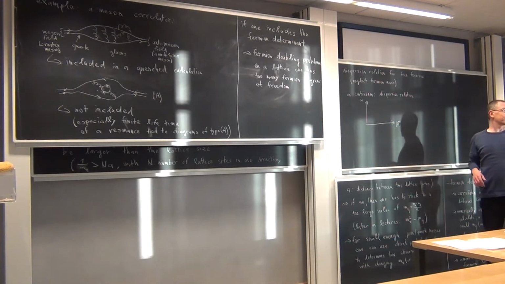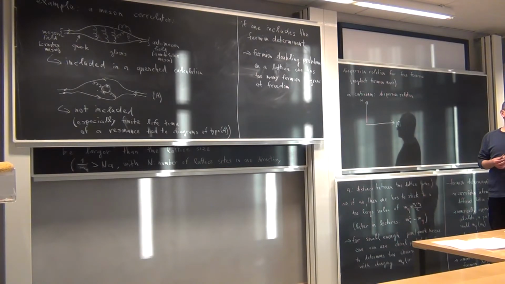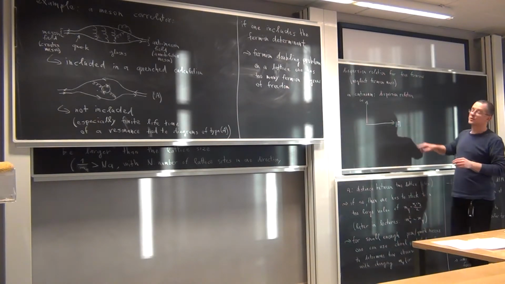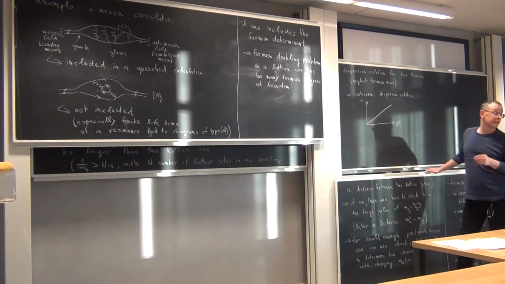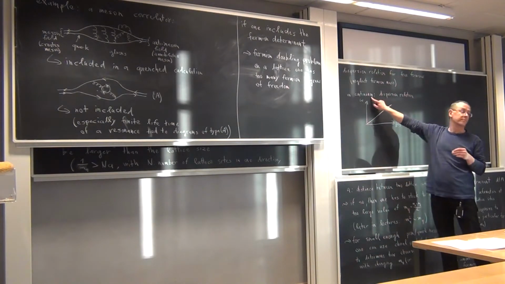And how would it look like? What's the energy of a free particle without mass? It's linear. Yes, so omega is just p. Okay, so this is how it looks like in the continuum.